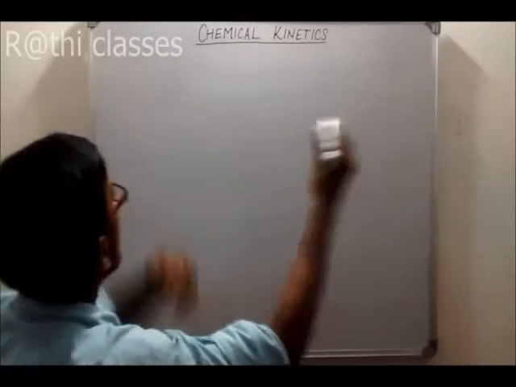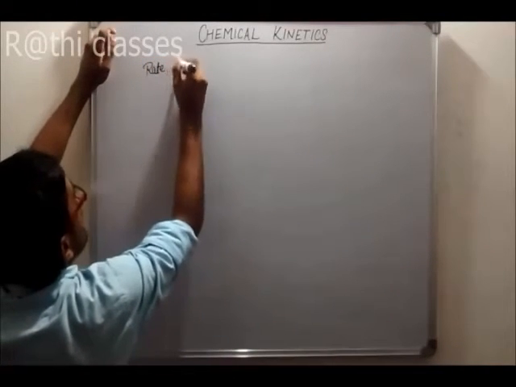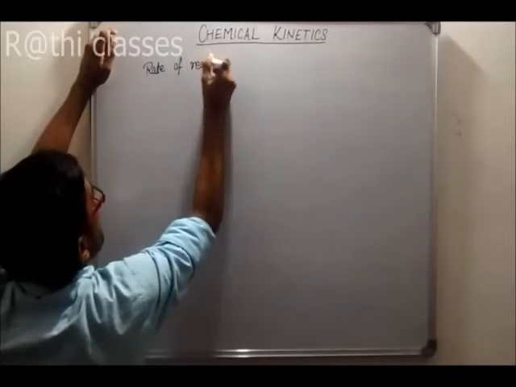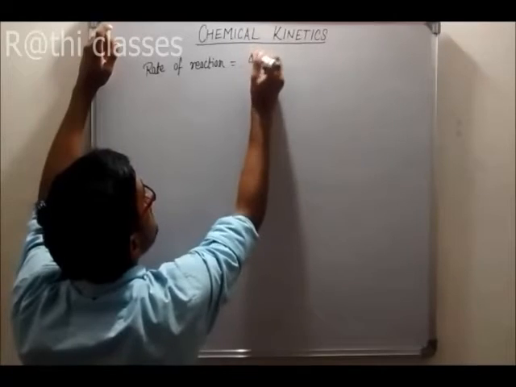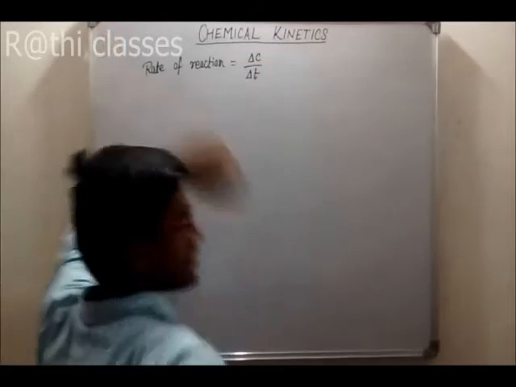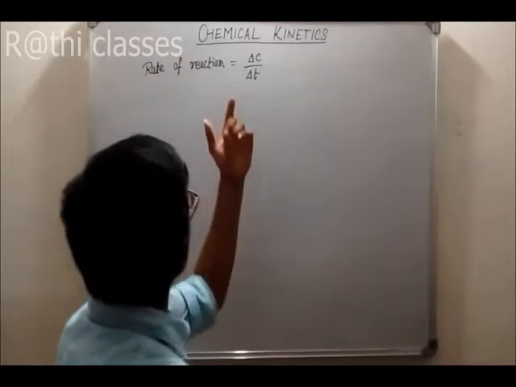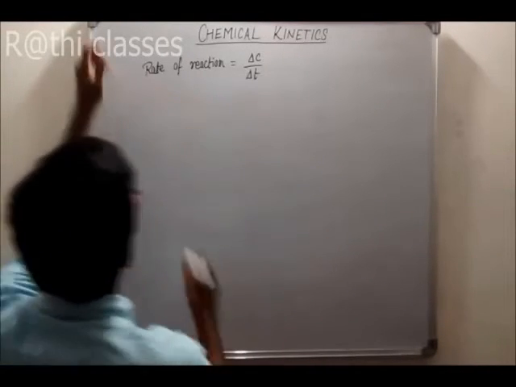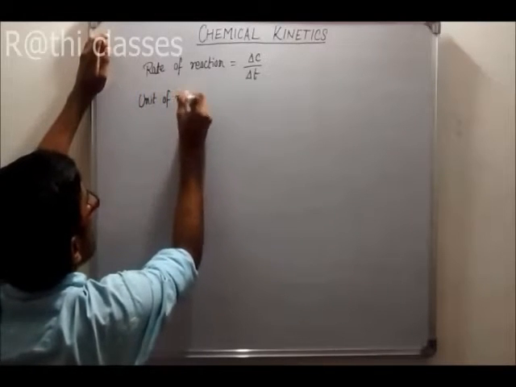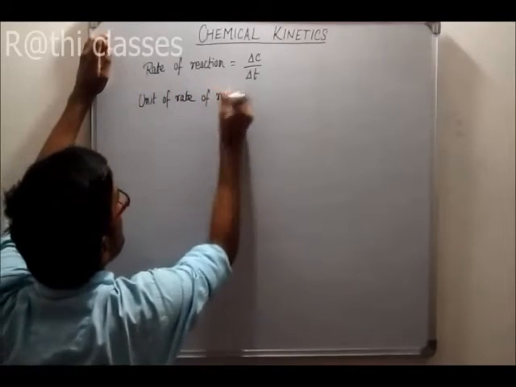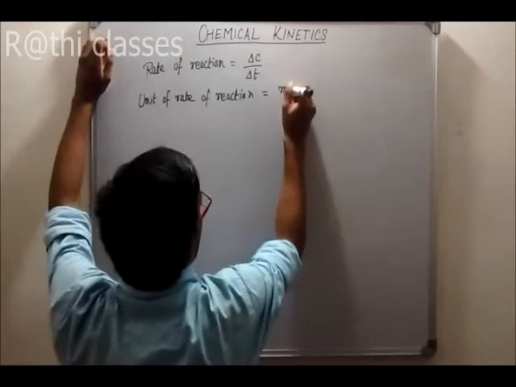Right? So now let's move back again. We define the rate of reaction as the change in concentration by time taken. So, if you need to know the unit of rate of reaction, we can simply say that it's molarity upon time.